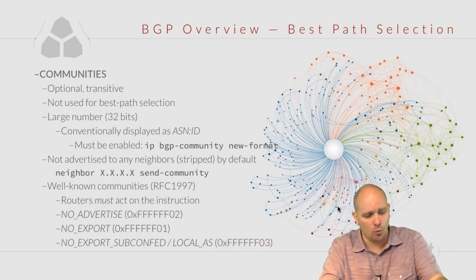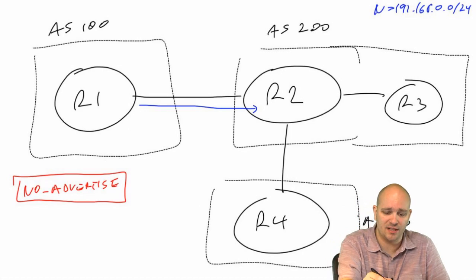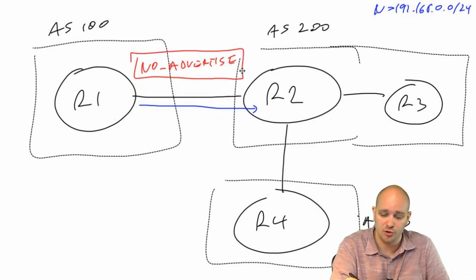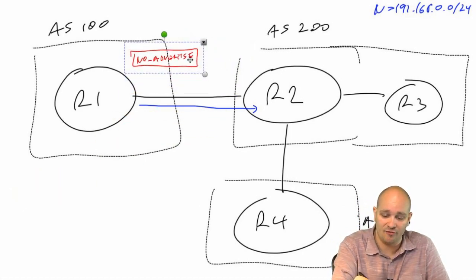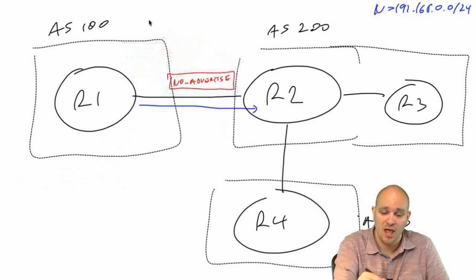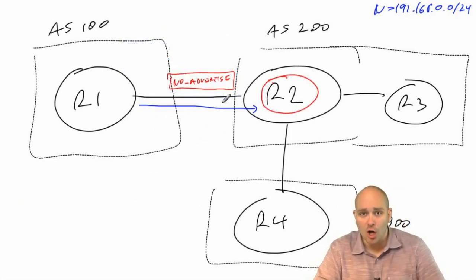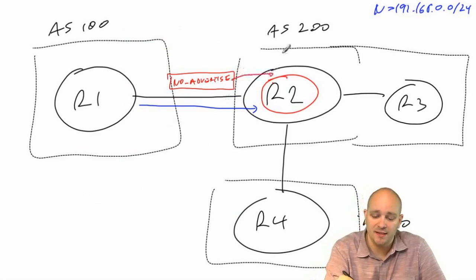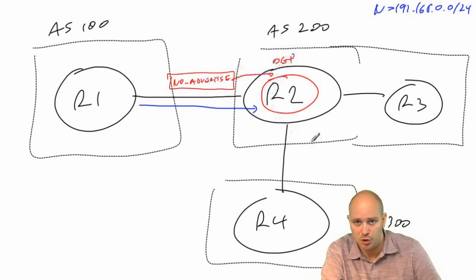So let's say that there was this community no advertise attached on this route. What that is going to do is that it is going to cause that on R2 in the BGP table, this route exists with this community.